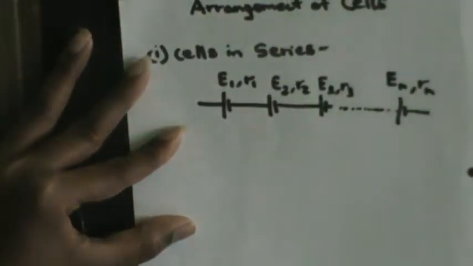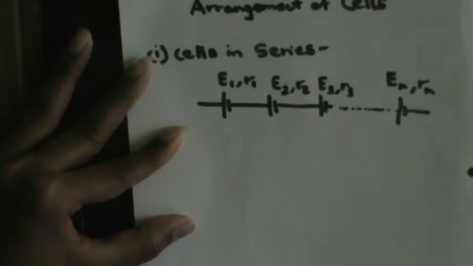So for one cell it will be E1, R1, for another cell E2, R2, and for another cell E3, R3. And we can continue this up to the nth cell in which the electromotive force is En and its internal resistance Rn.